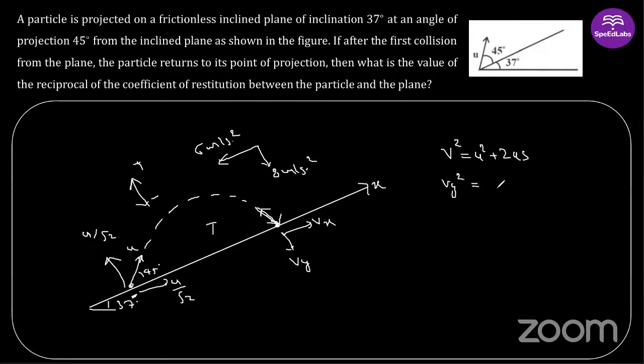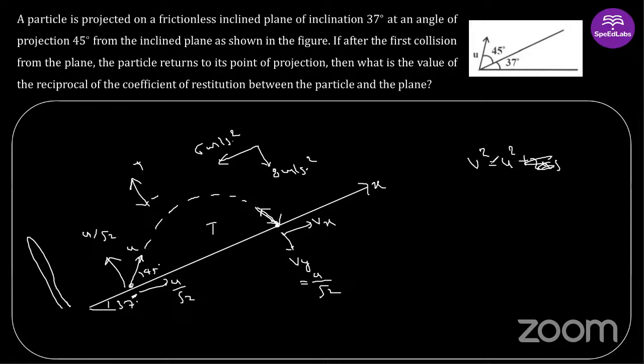Displacement from here to here is 0, as it goes like this and comes back, so the speed will be the same, u by root 2 only.